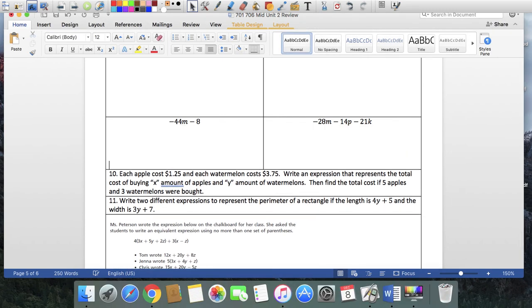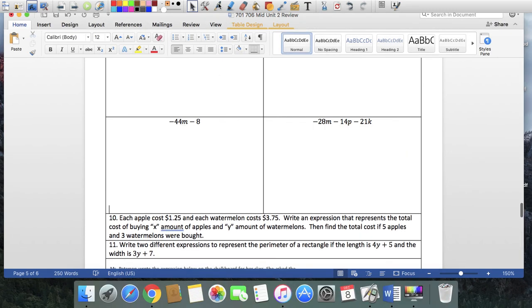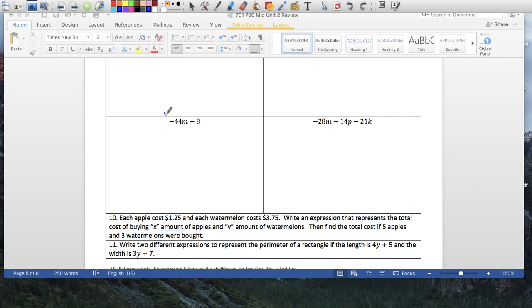Okay, for these two again. What's in common? Let me start with 2. 2 goes into 44 22 times, but negative. And 2 goes into 8 4 times. Can I continue? Yeah. I'm going to use another 2. 2 goes into negative 22 negative 11 times, negative 11m.